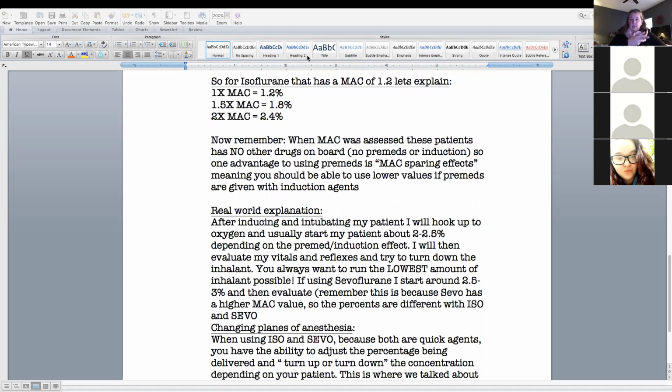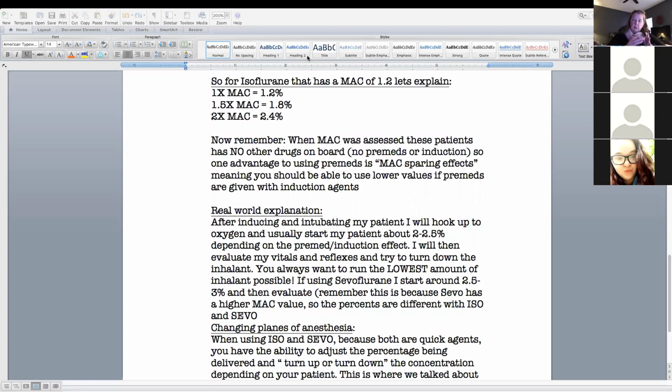a volatile agent. So nitrous oxide is delivered via a tank, almost like you would hook up an oxygen tank. And nitrous oxide is used, the way we use it in veterinary medicine, as an adjunct. I did it a couple times at Purdue. I would have a patient on oxygen and halothane, and then I had a tank of nitrous hooked up, and I would turn on a little bit of nitrous.